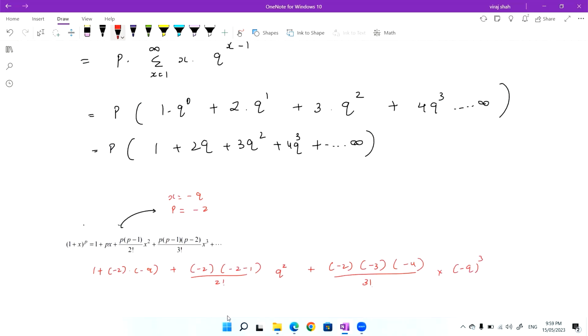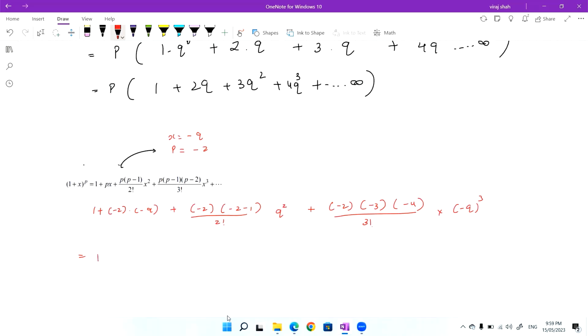And let me do it for 3 terms now. We'll see that 1 plus 2q, plus 2 into q is 2q, 2 factorial is 2, so 2 and 2 get cancelled.